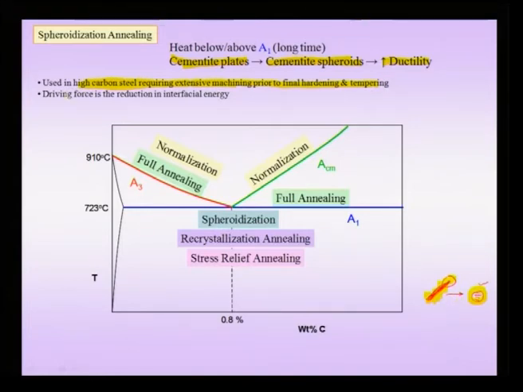Therefore, using this reduction in interfacial energy as the driving force, we can carry out spheroidization annealing to increase the ductility. This is typically done, as we saw before, below or above A1, but for a long period of time. This requires a long time because the process is very slow, and unless extremely required, this kind of process should not be carried out.